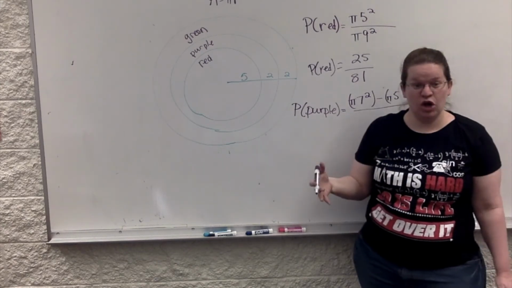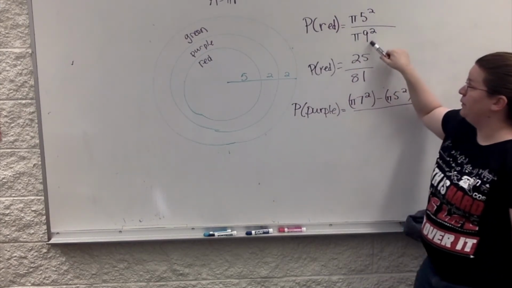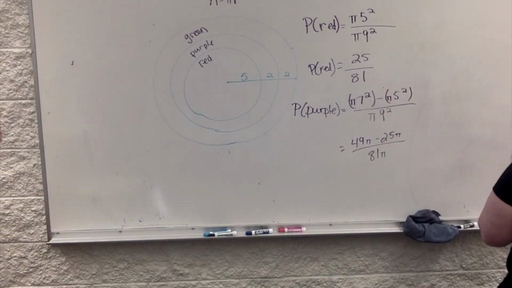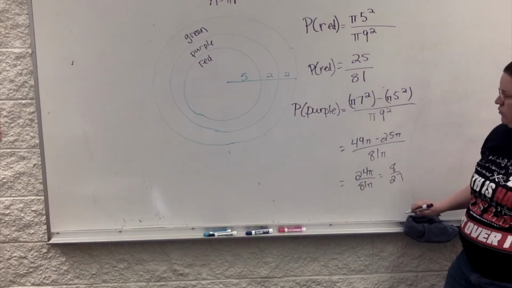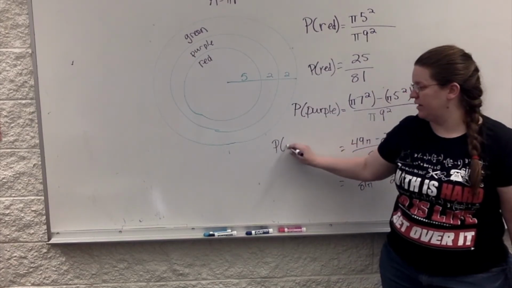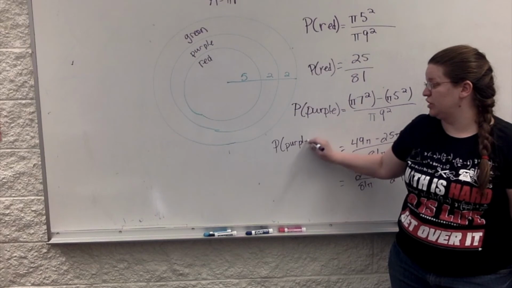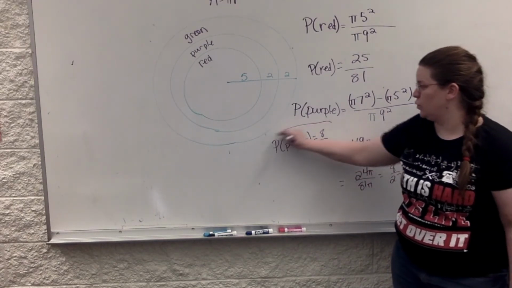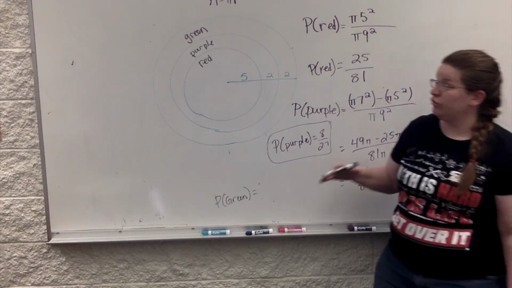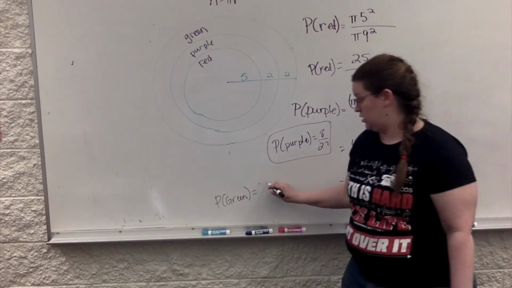It's still got the total of that 9 squared. So the probability of randomly choosing a color and getting purple is going to be 8 over 27.